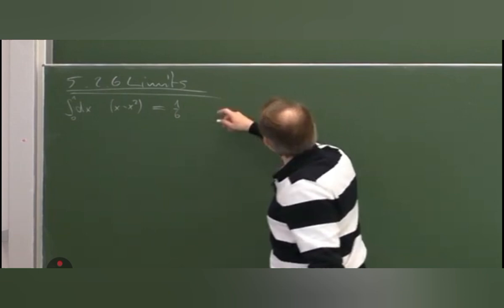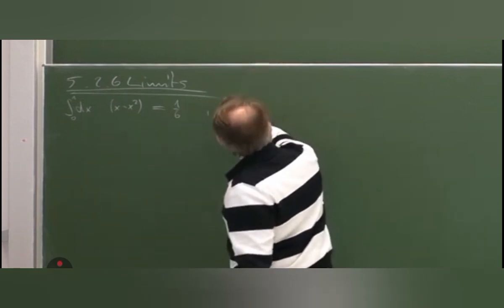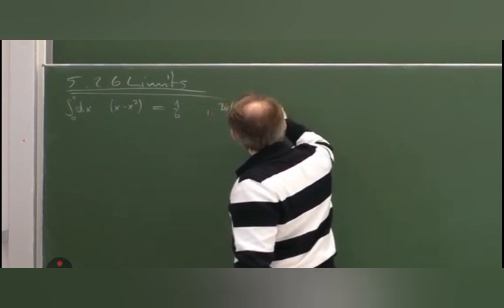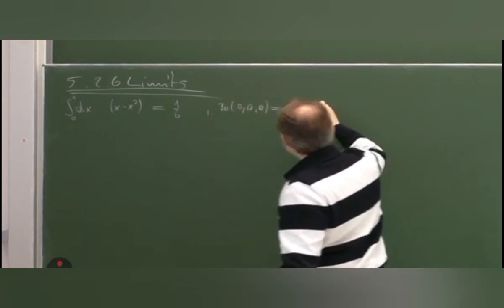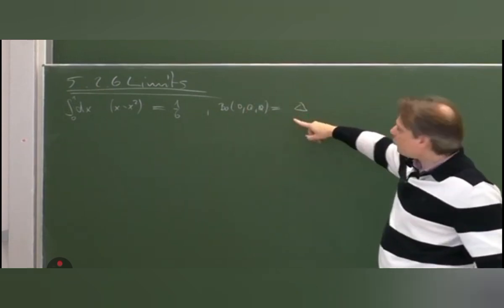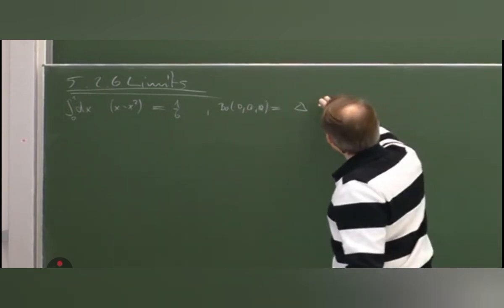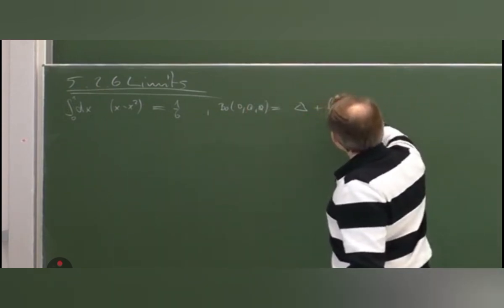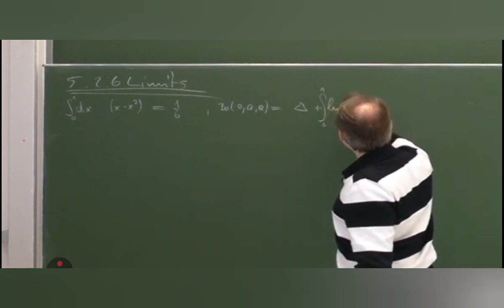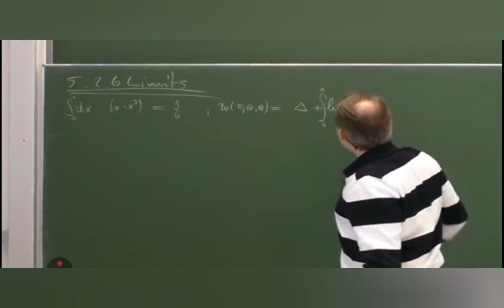And then what we also need is the B0 function. That was evaluated to this divergent combination capital delta plus the integral from 0 to 1 of the logarithm of mu squared divided by Q, integrated over x.